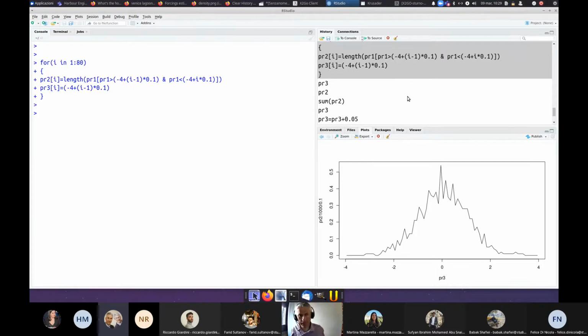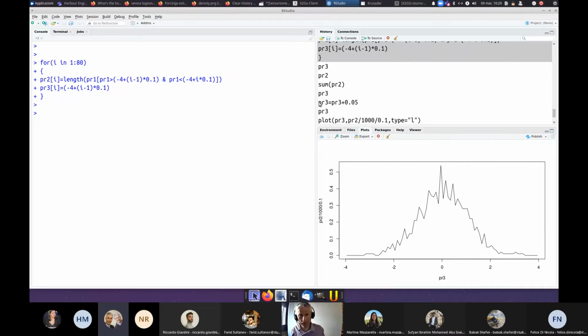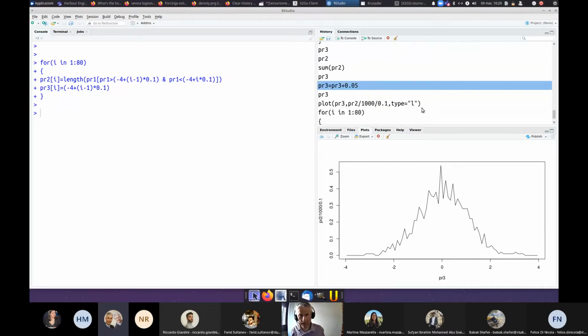And then what I did is to get this one and the plot. Yeah, in this way, you see, I can put to console these two instructions, and what I get is again the graph. This is what I did. You can see on the console.